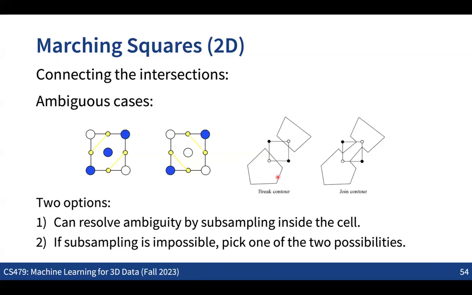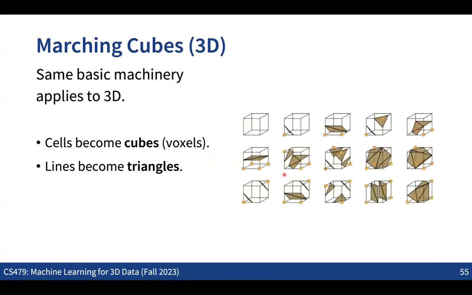And we can do the same thing for the 3D case as well. So in the 3D case, how many cases are we going to see in terms of having inside and outside for the corner points? How many combinations do we see? In the 2D case, we saw 16 combinations, right?